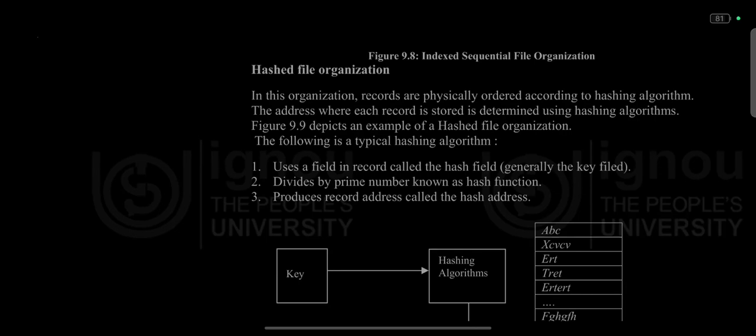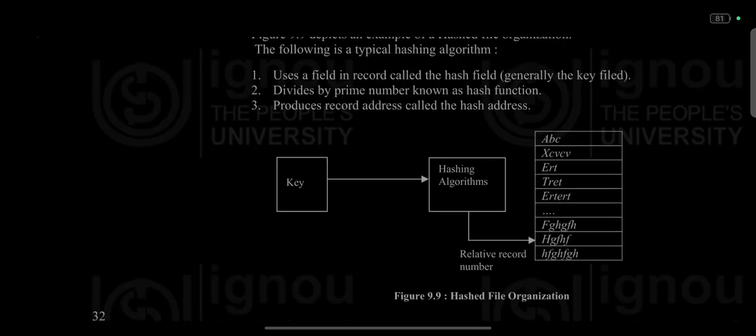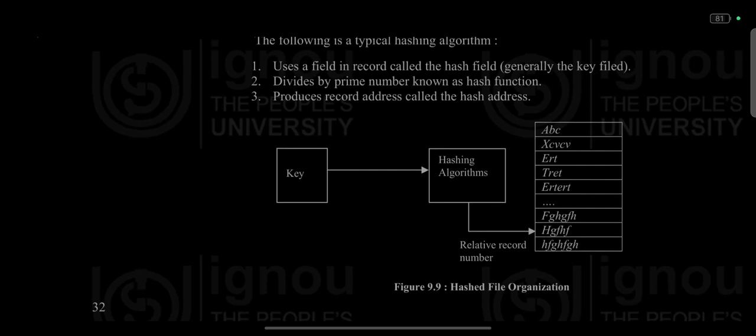It uses a field in the record called the hash field, generally the key field, and divides it by a prime number known as the hash function, which produces a record address called the hash address. So here we can see the hashed file organization.